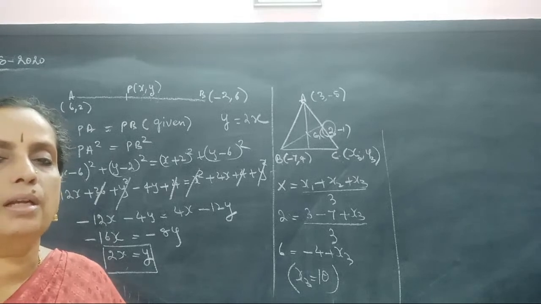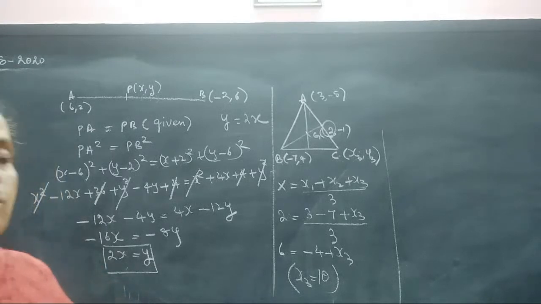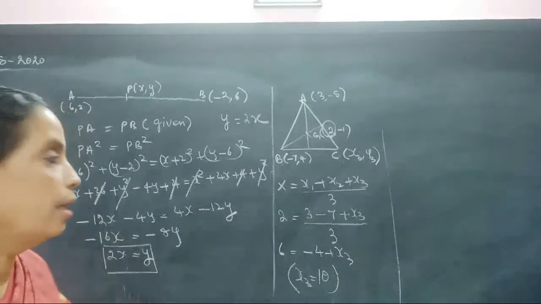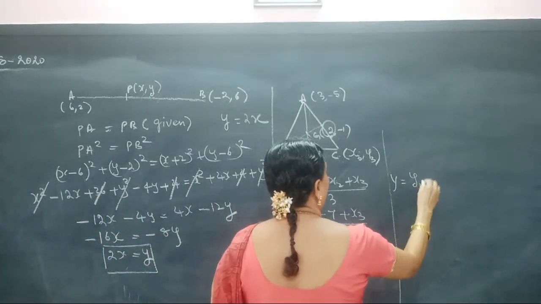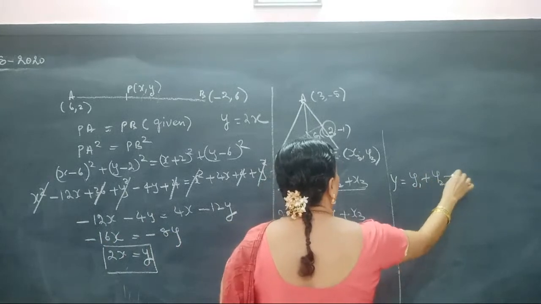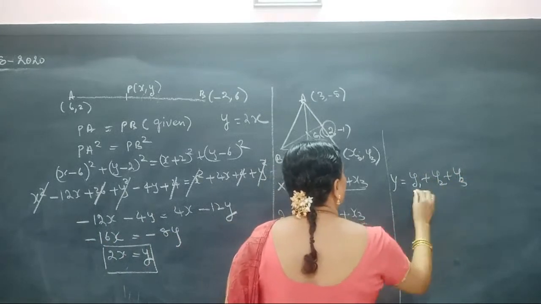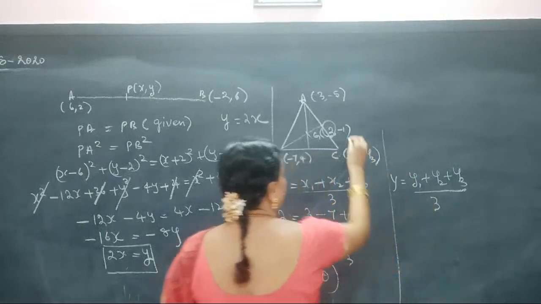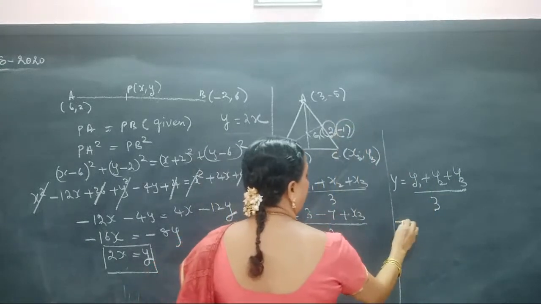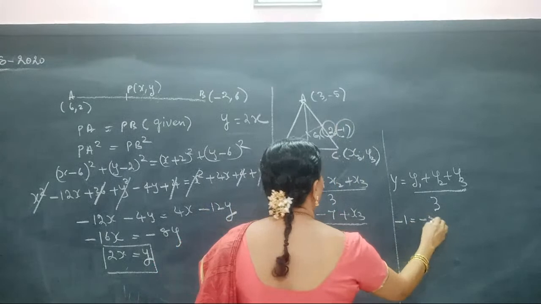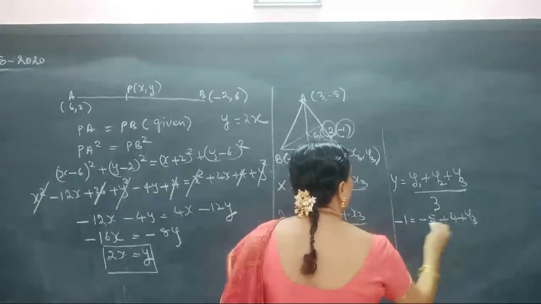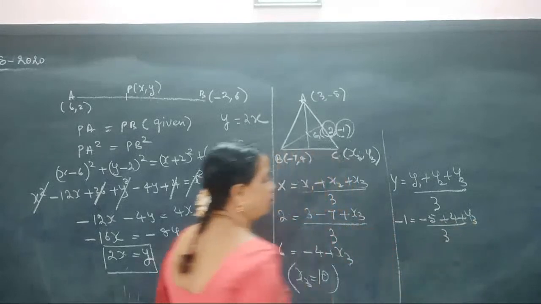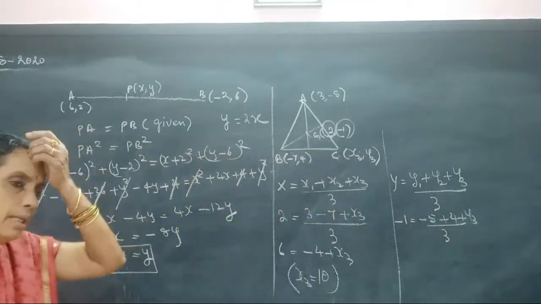x3 is 10. Now find out y3 using the formula y equals (y1 + y2 + y3) by 3, where y is -1, so -1 equals (-5 + 4 + y3) by 3, that is -3 equals -1 plus y3.